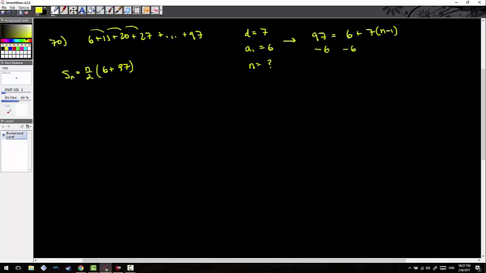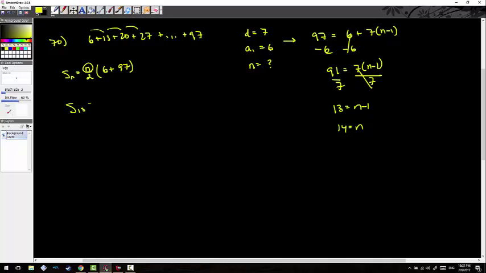If I subtract 6 from both sides, I get 91 is equal to 7 times n minus 1. From there, 91 divided by 7 is going to give me 13. So I get 13 is equal to n minus 1, so n is equal to 14. And that's the number that goes inside here.